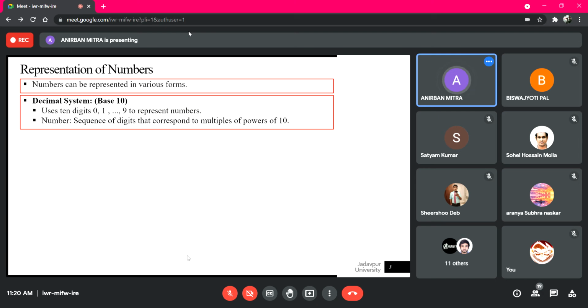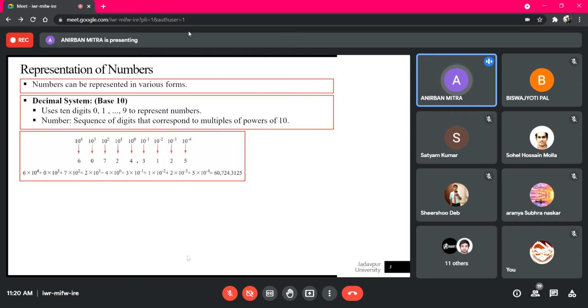Each place in this sequence of digits corresponds to some multiples of powers of 10. Here is an example of a decimal system number representation, but I don't think an explanation of this is necessary. We all know how it works.